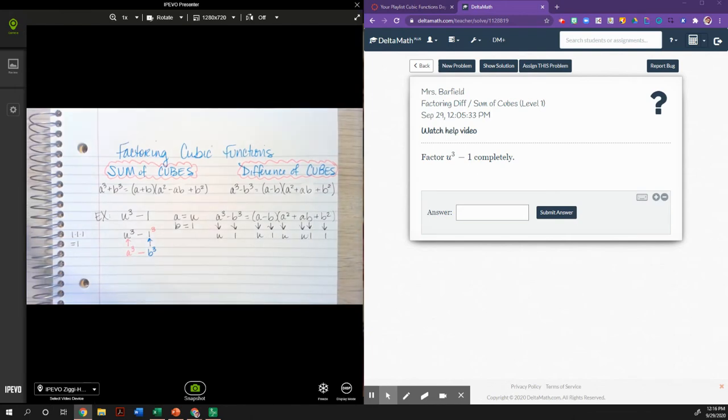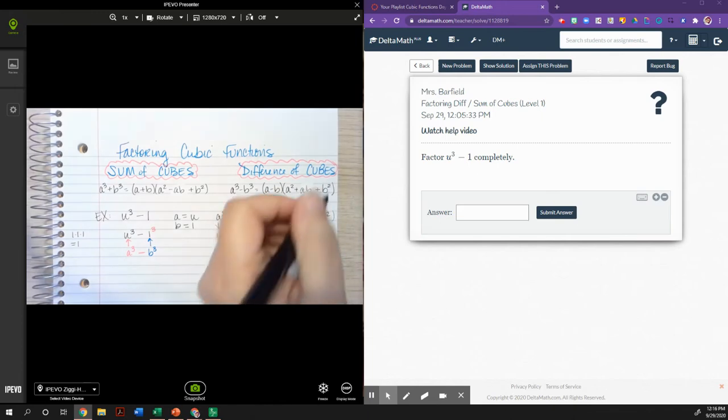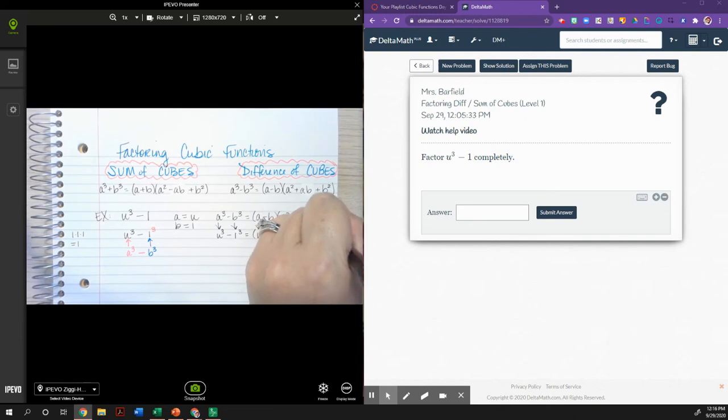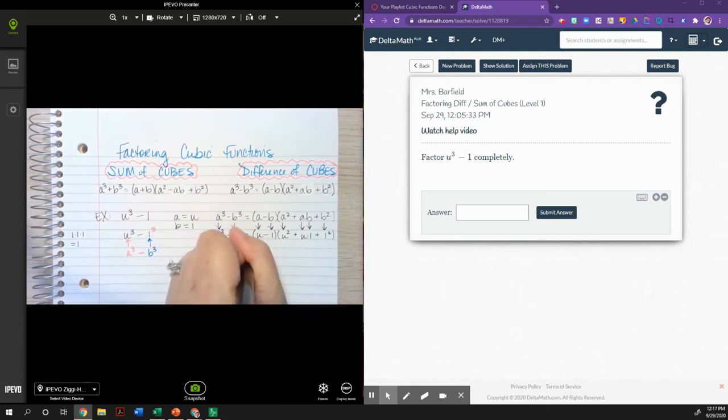Now I need to go back in and fill in all this information. So this is u cubed minus 1 to the third, equals u minus 1, u squared plus 1 times u plus 1 squared. I just need to clean that up a little bit. What do I mean by that?